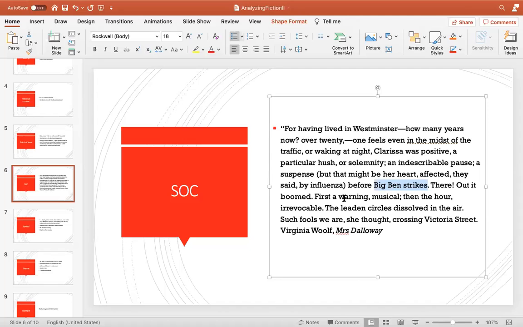Look at this phrase over here: the leaden circles dissolved in the air. So you should be able to recall the ripple movement of water. Okay, how you drop one stone in the middle of a pond, and you know the wave goes outward.